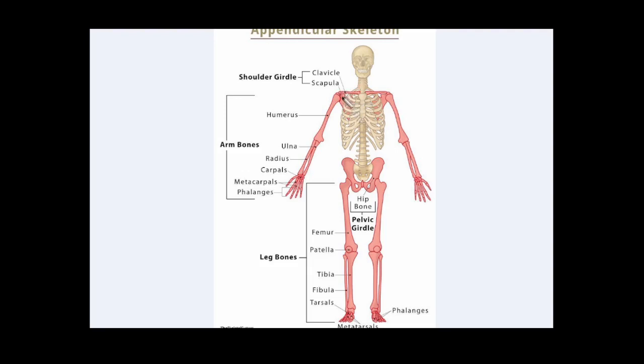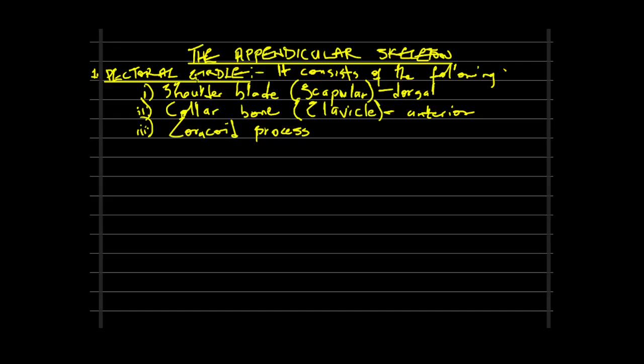And then this point of attachment of the clavicle, the shoulder blade, and the upper arm is where we have the coracoid process. So that is what we're talking about in the pectoral girdle. Are we together? And then we have the limbs, in that part of the arm.